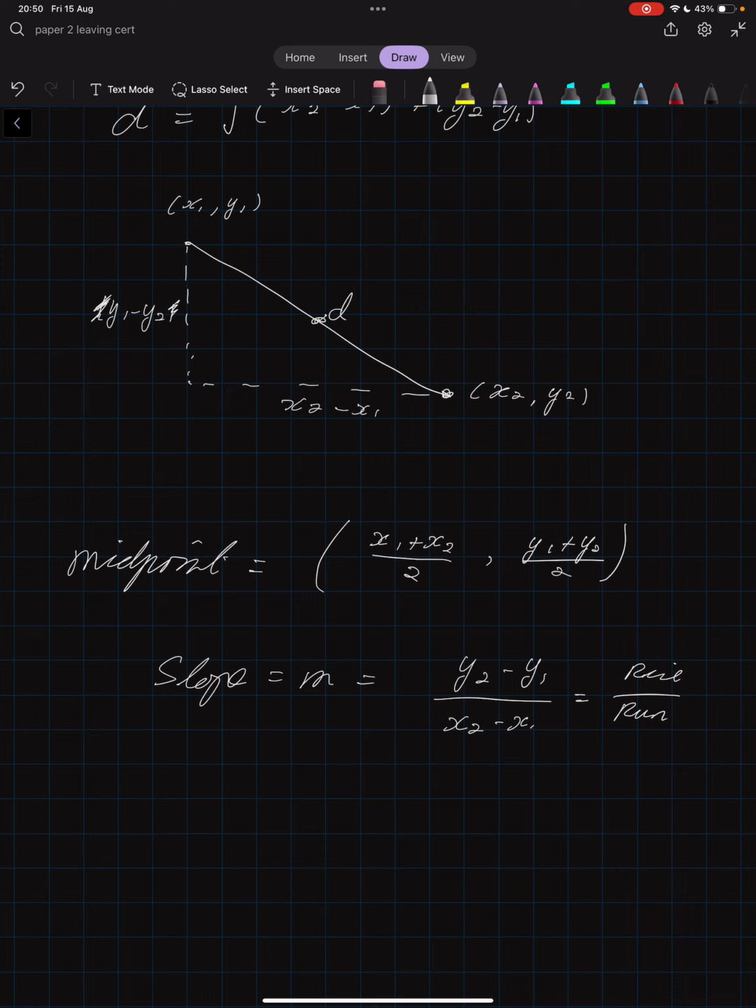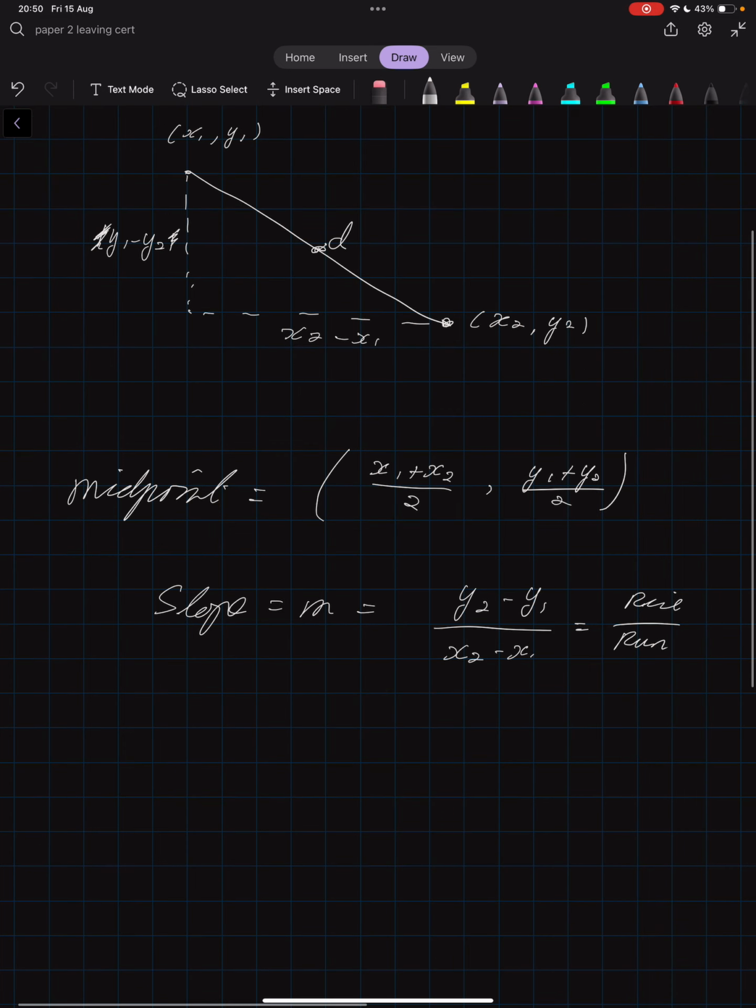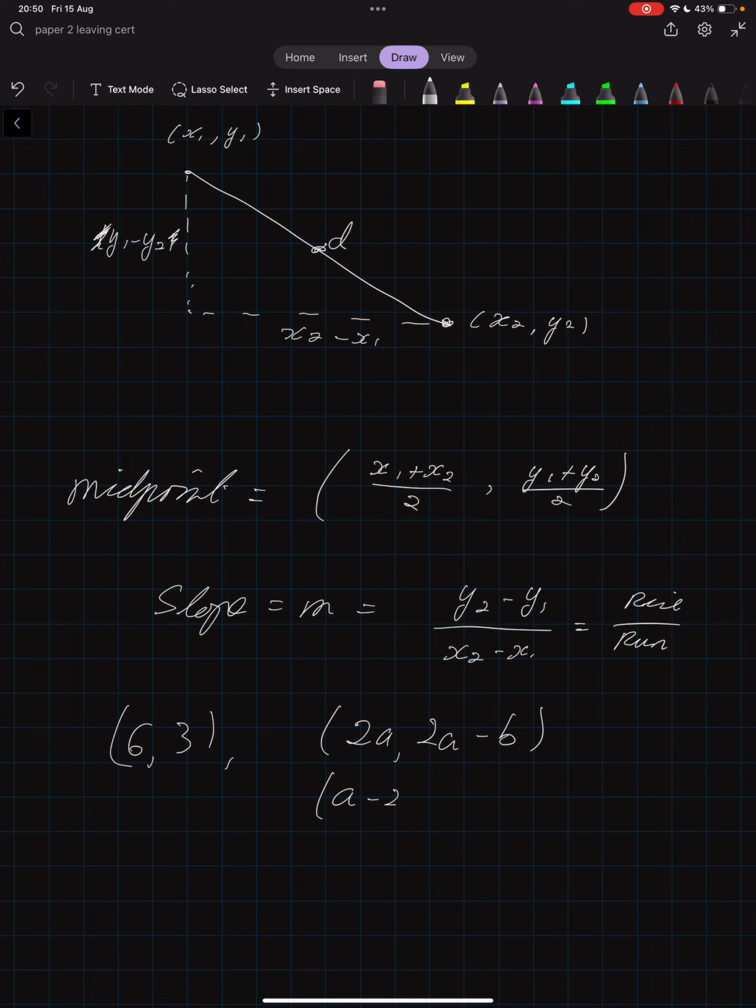It says, find A and B if the point 6, 3 is the midpoint of the line between the points 2A minus B, A minus 2B, and 4A plus 3B.